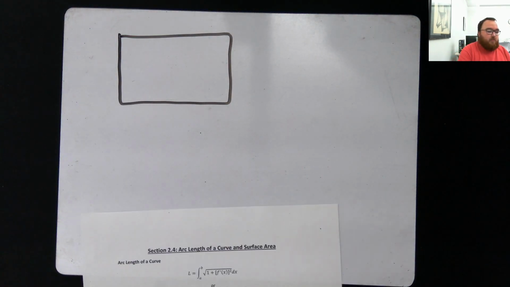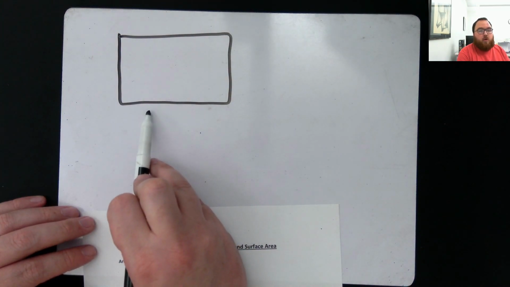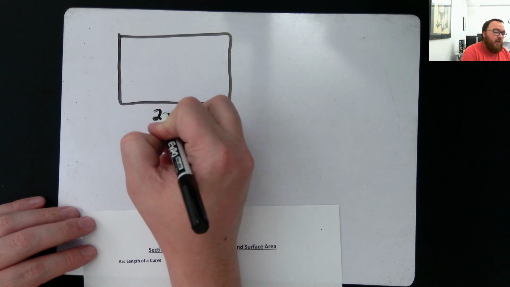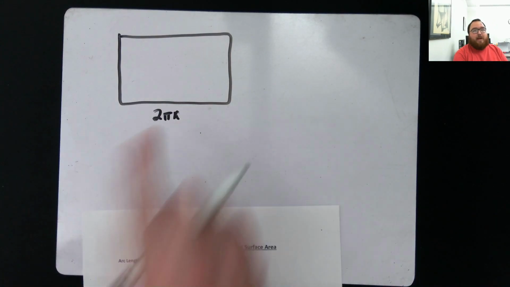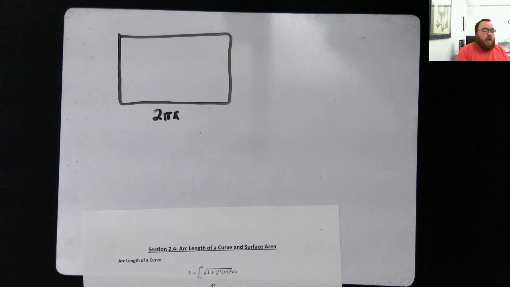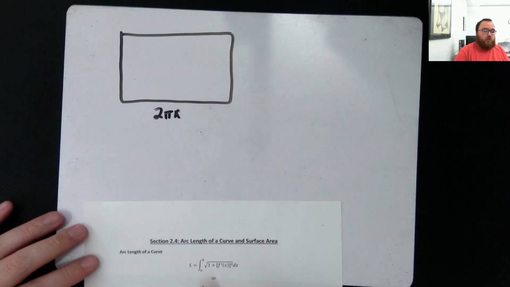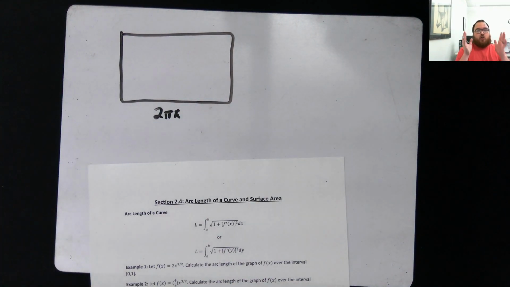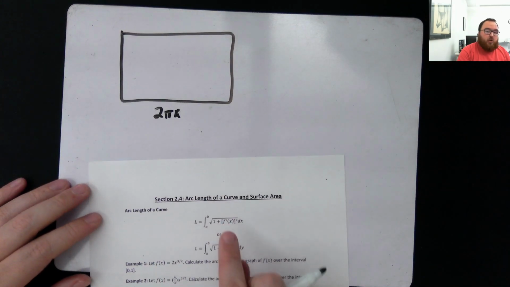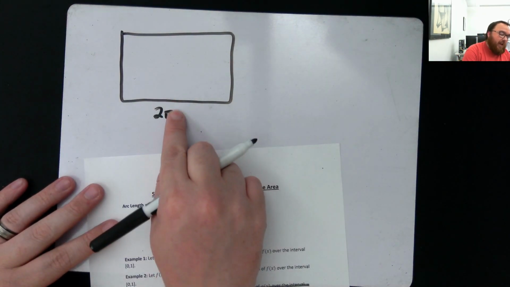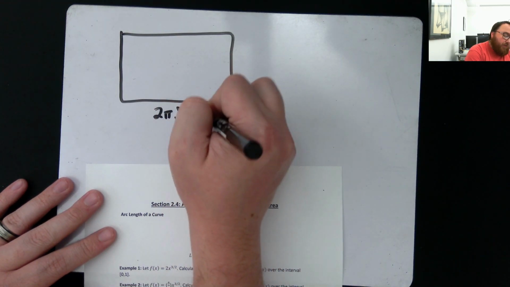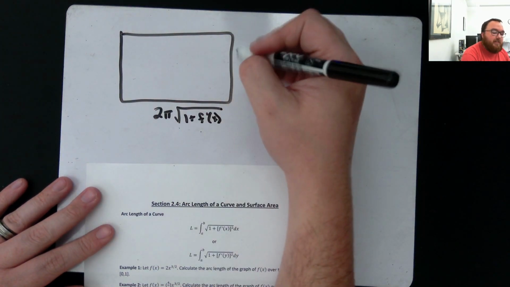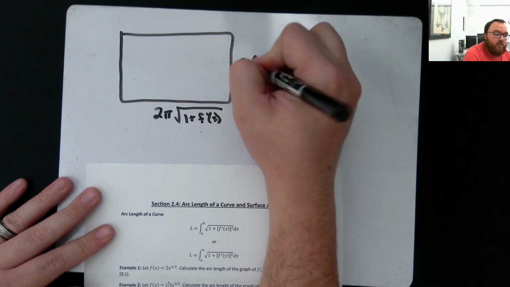Now, last class, we said this was just 2 pi and then the x, right? The reason I said x was because that was my length. However, now I know how to find my length over a certain amount, so I'm going to use this length instead. So now this is going to be square root of 1 plus the derivative. This is still my function.